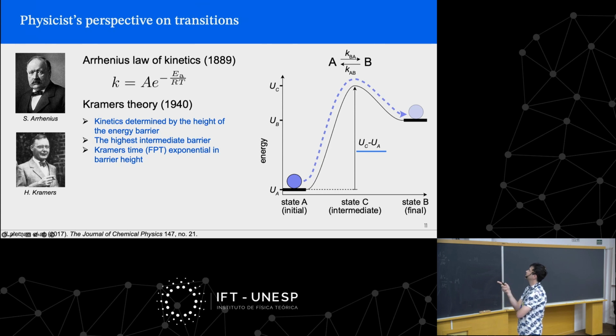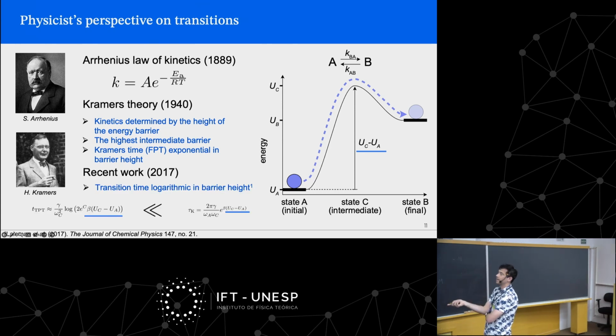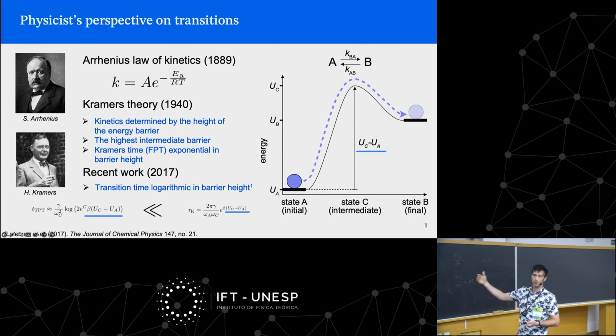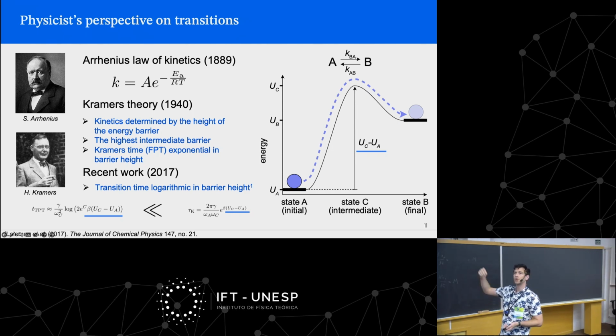Back to the slides, I want to add something. There are recent works, and I'll come back to this later, but they've shown that what I was just talking about, the time you have to wait before you transition to the next state, is the Kramers time. It's the first passage time, the first occurrence of the transition into the other well. This time contains aborted transitions, particles which start to transition but then come back.